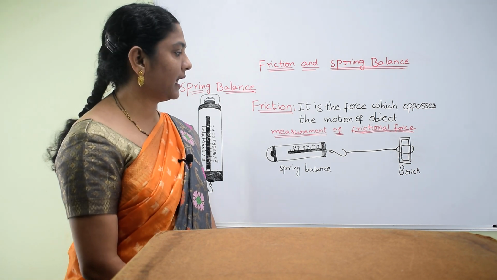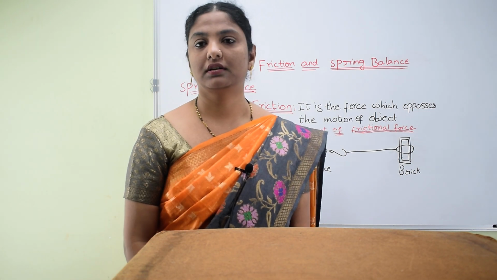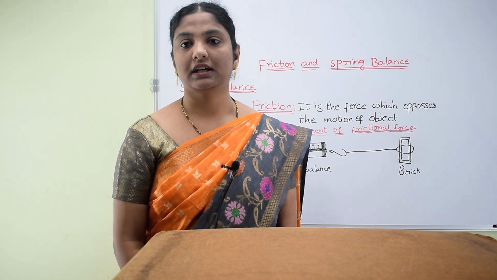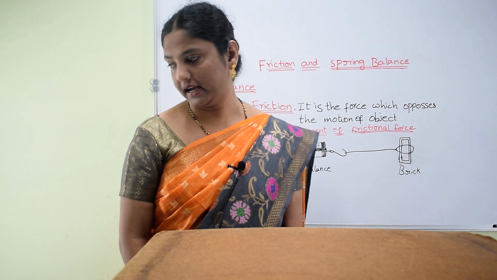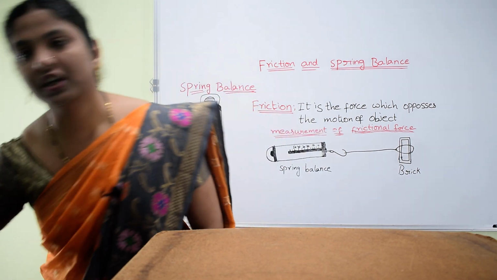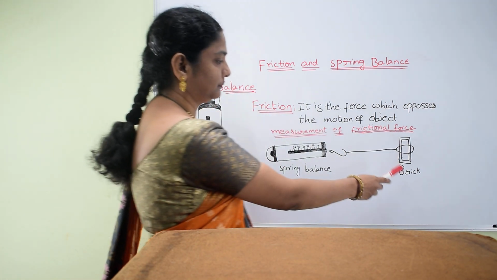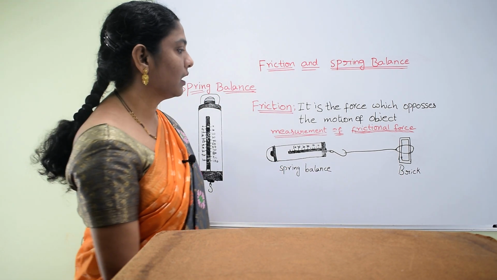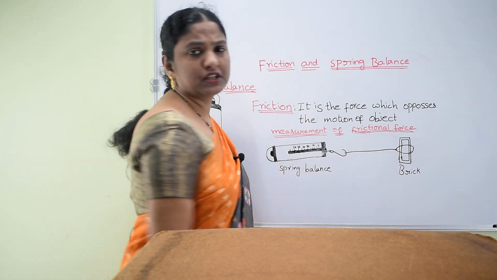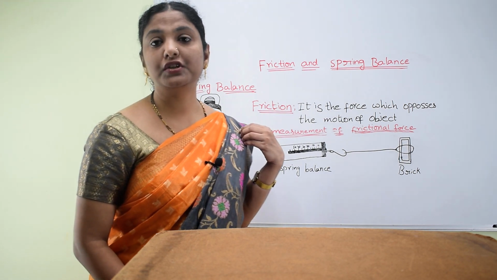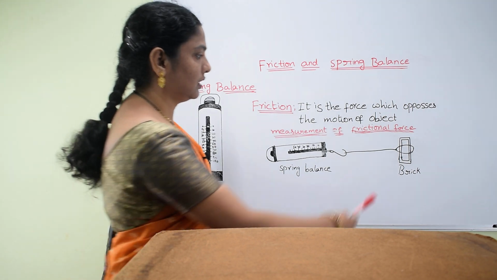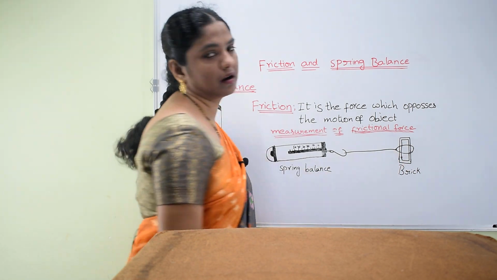Now I will explain how we measure the frictional force by using this spring balance. For that, I am taking a brick on the ground. Brick means the bricks which are used to build buildings.